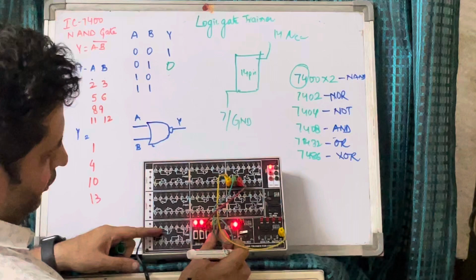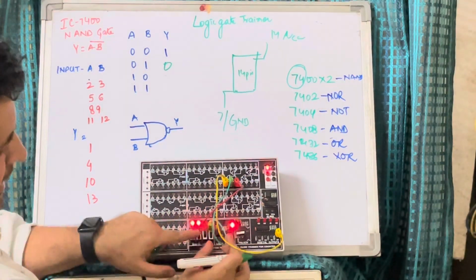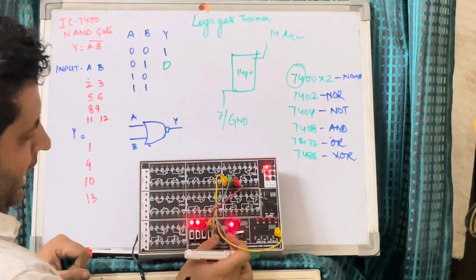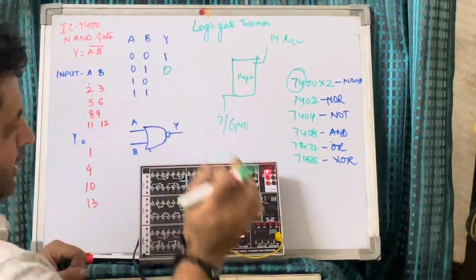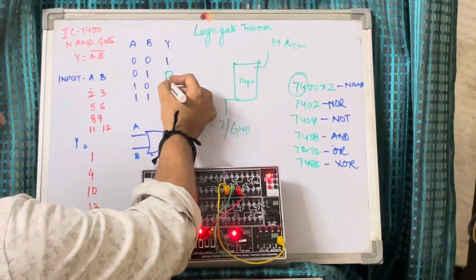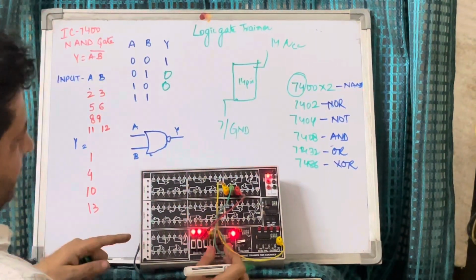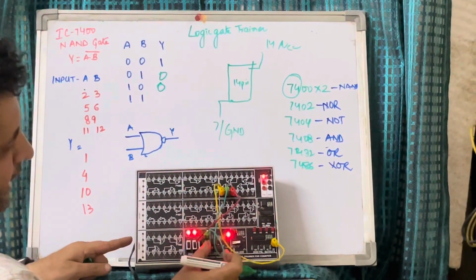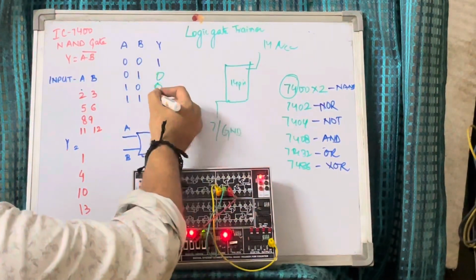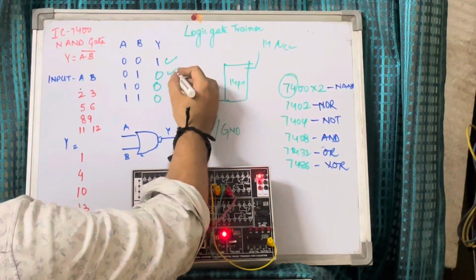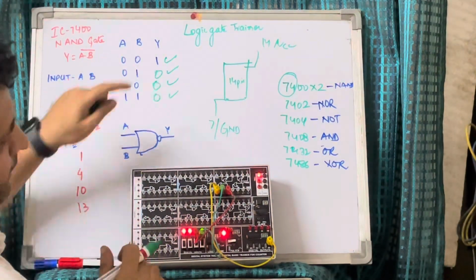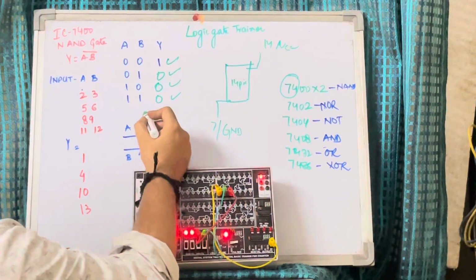Now A is 1, B is 0. This condition, and the output is 0. Now we are doing the last condition where both are high, output is 0. So this is the truth table for a NOR gate.